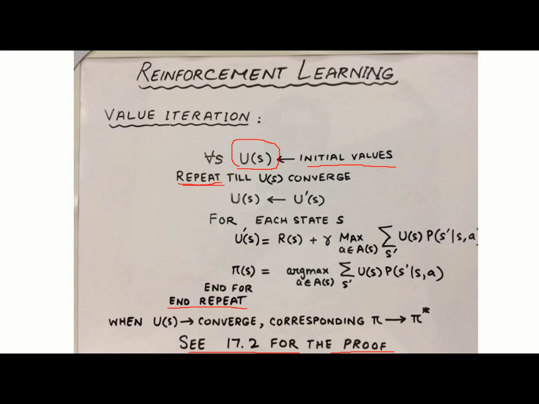In each iteration we are going to update the values of expected accumulated rewards, so there's a variable u prime of s. And how do we calculate this u prime of s? Well, u prime of s is going to be computed from u of s. So this u of s is something which was computed in the previous iteration and now utilized to update the value of u prime of s.